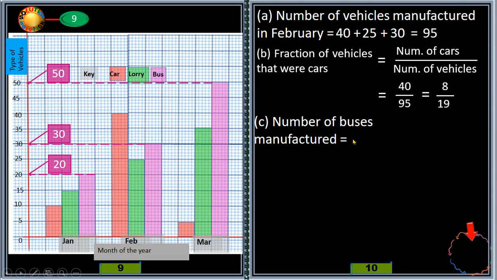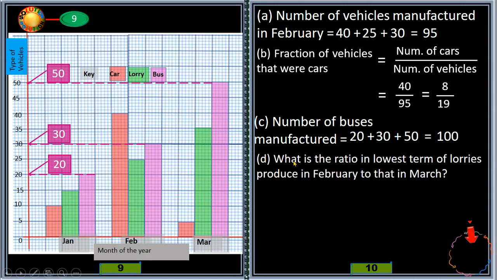So the number of buses manufactured between January and March 1992 will be 20 plus 30 plus 50. That will give us altogether 100 buses. So therefore, we'll now go to question D.